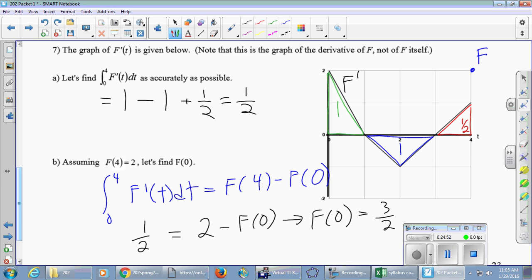So if we changed by 1/2, and we have to end up here at 2, we gained 1/2 going from 0 to 4, and you got to end at 2, then where does this function f have to start? It's got to start over here at 3/2. This is, again, the f function. It starts at 3/2, at 0, 3/2. It gains 1/2. That's what the whole area under this derivative curve tells me. It gained 1/2 in moving from 0 out to 4. And so gaining 1/2 from 3/2 lands me exactly up there at 2. You'll have lots of practice, more visual practice with this, but that's what the fundamental theorem tells you.